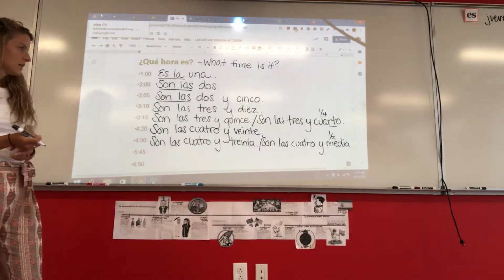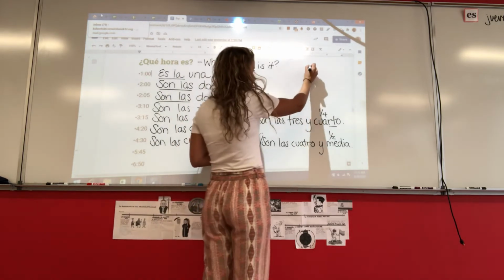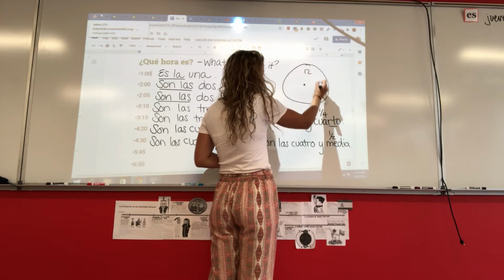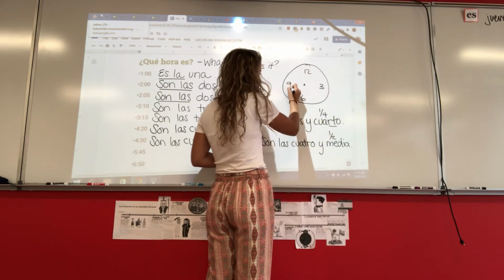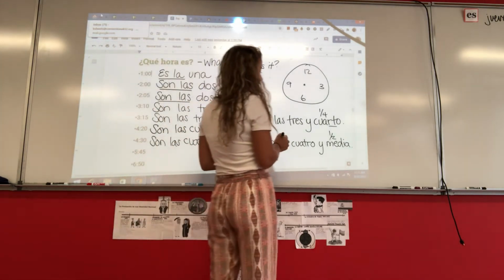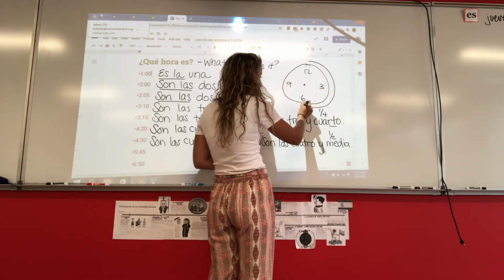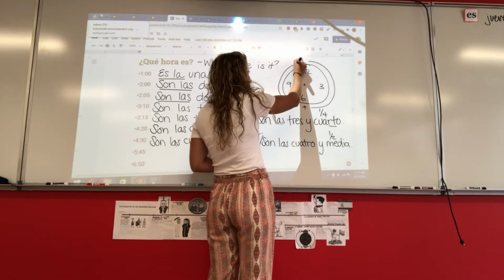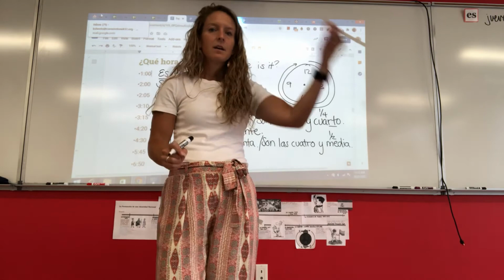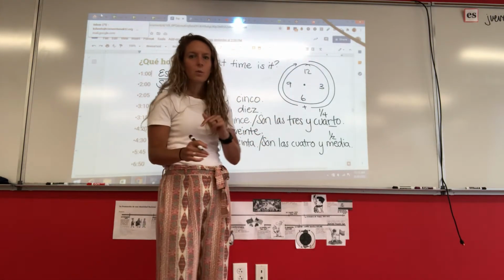Okay, so let's pause here and give you a visual for our clock. When we look at this clock, when we're talking about time in Spanish, we can always do exactly what we're doing and add those minutes all the way around the hour. So we can always say, oh, it's 5 and 50, or it's 6 and 15, or it's 9 and 35. We can add all the way around that hour.